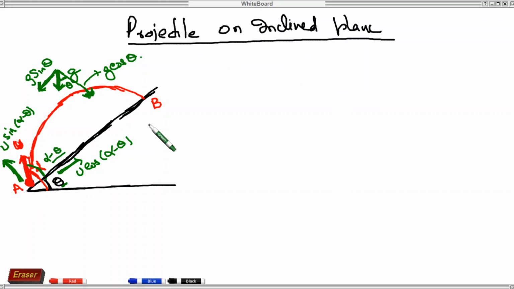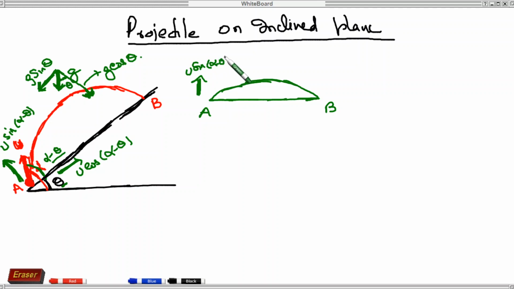If I show you in a normal way, this projectile motion will look like this, from A to B. In this direction the velocity is u sin(alpha minus theta), and in this direction the velocity is u cos(alpha minus theta).